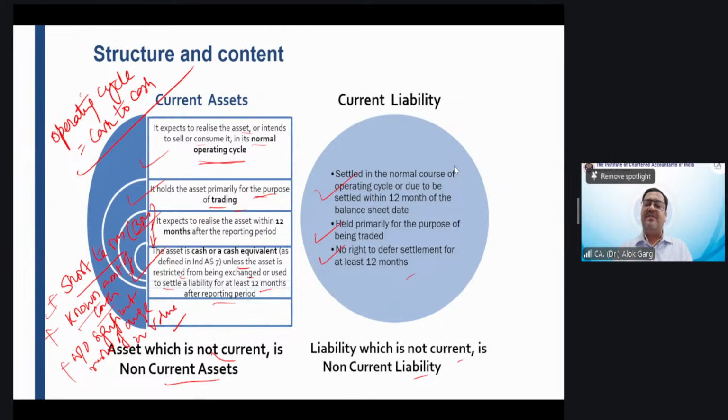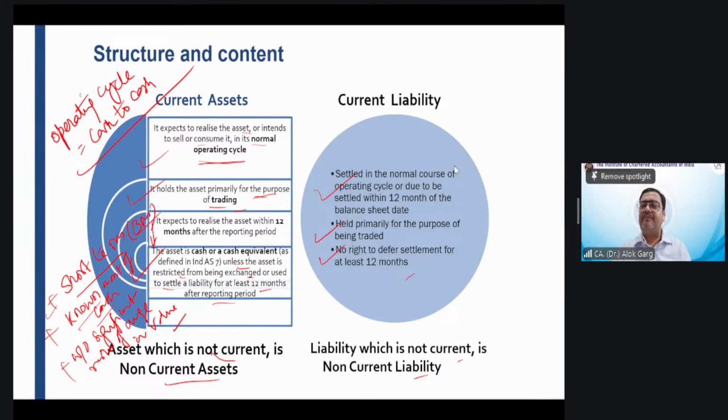Now the question is, the company is in discussion with the bank. The company expects the bank will roll over this liability, and instead of paying in April 27, the bank will agree to roll it over for the next 2 years also.